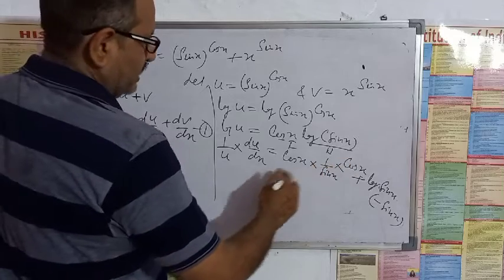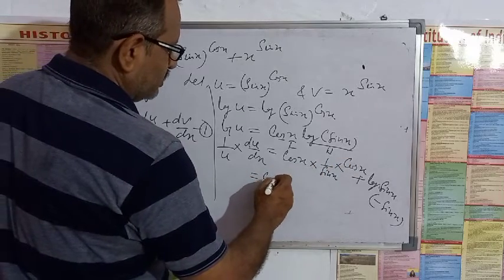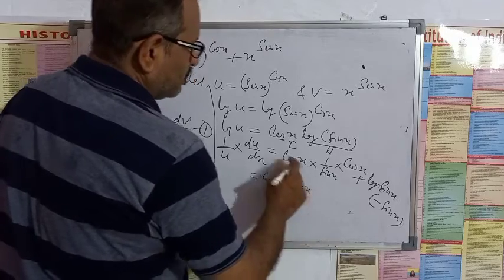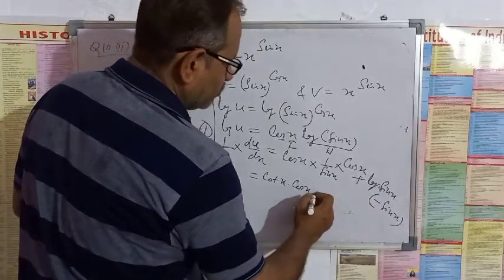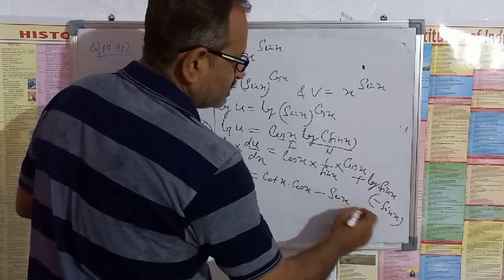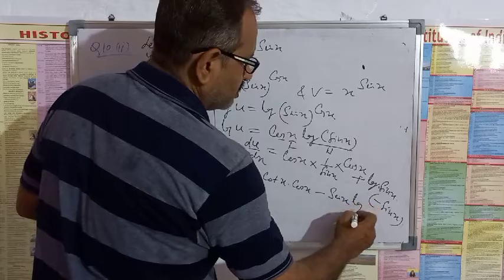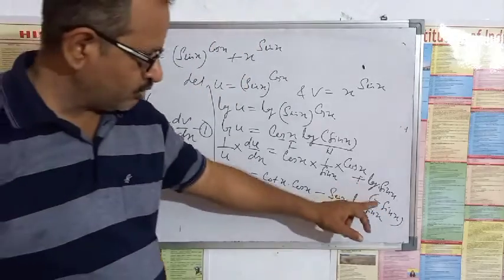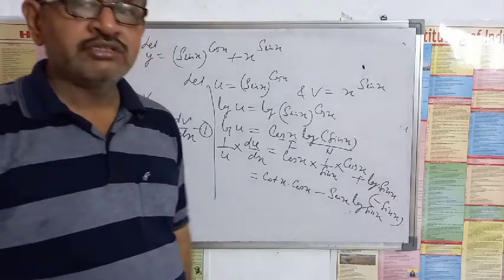So cos upon sin will be cot x into cos x, and plus into minus sin x into log sin x.